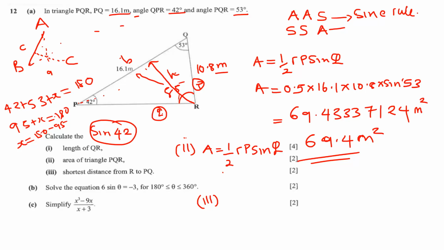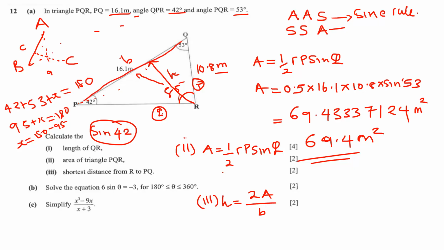The easy way, you can go for the formula where shortest distance is already made the subject, which is 2A over B. So just multiply the area times 2, then divide by B, which is this part.